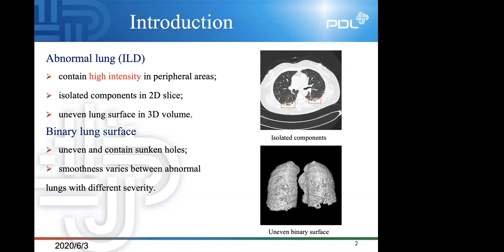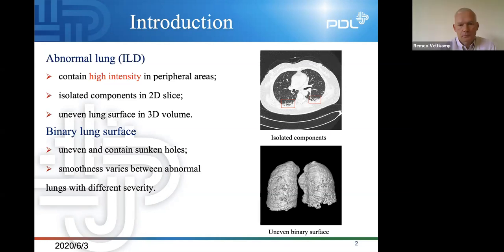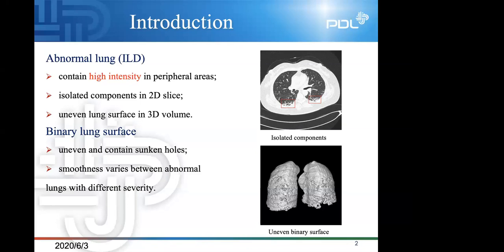In fact, the real lung surface is quite smooth, since anatomical structures usually do not have sharp edges. But the binary surfaces generated from abnormal lungs with ILD are uneven and contain sunken holes. Besides, the smoothness varies between abnormal lungs with different severity. Therefore, a uniform smoothing filter with the same scale is not suitable for all lung surface models.